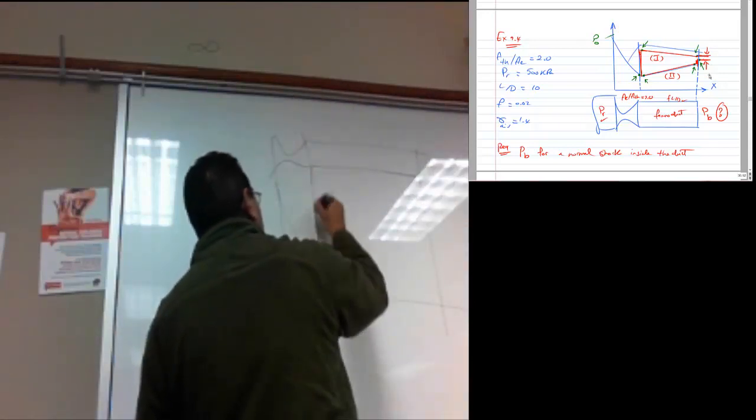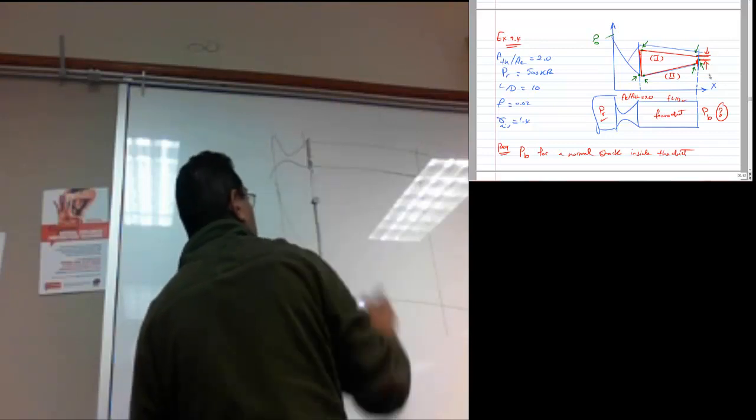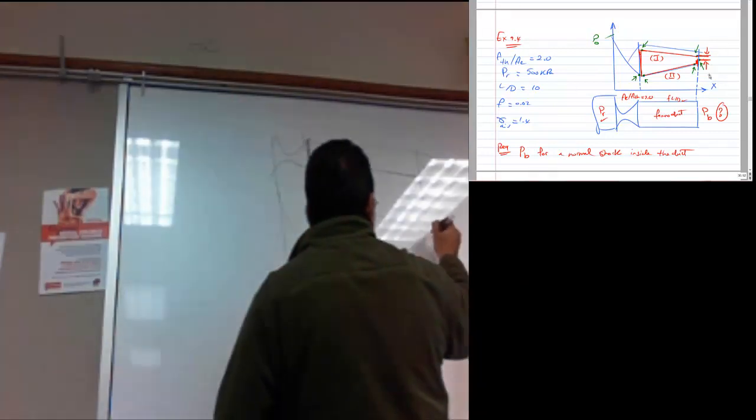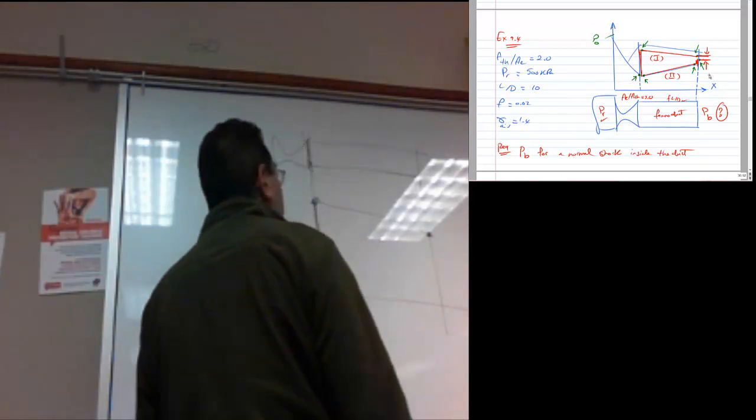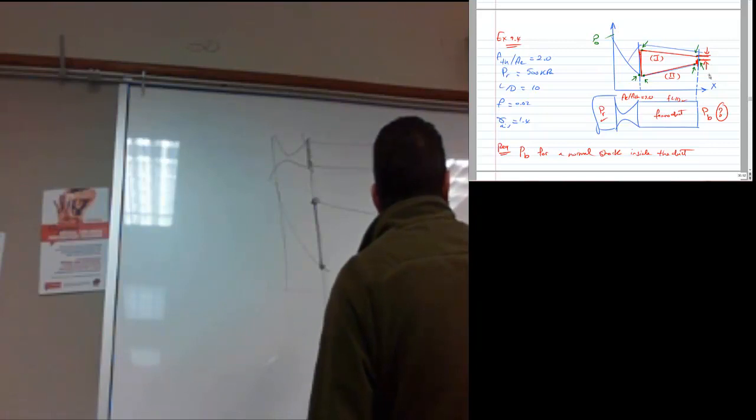Let's do number one first. A shock wave standing here at the inlet of the duct turns the flow subsonic, and therefore you drop like this. And we are asking for the P bit.